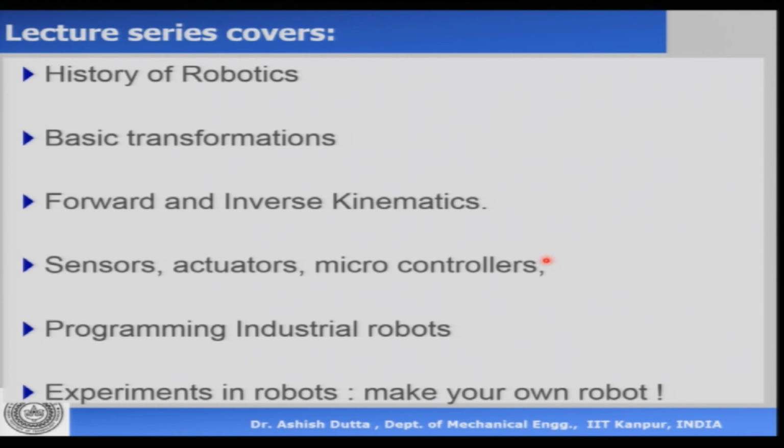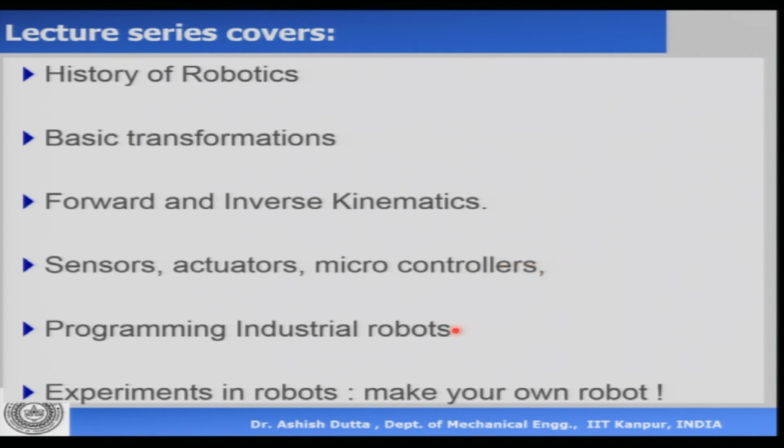Then a robot moves by actuators, which are essentially electrically powered motors, and the feedback comes from sensors. So we also have to look at sensors, actuators, and the full control is done by microcontrollers, which control the end effector to go from one point to another point. And these microcontrollers are programmed using a language, sometimes C or some other kind of programming language.